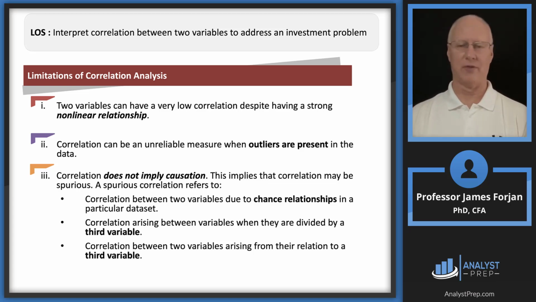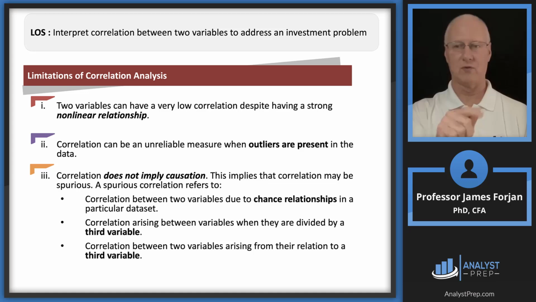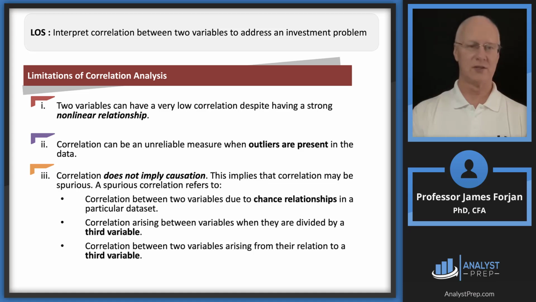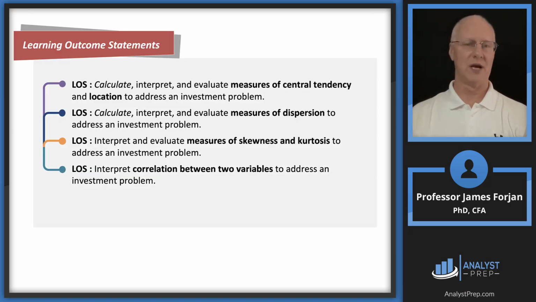Outliers can really throw things off and make the relationship seem much stronger or weaker than it really is. Some can have a very strong nonlinear relationship. So remember from your kindergarten days, y equals a plus bx. Well, that's not the only function of y. Y could be equal to a plus bx squared plus c cubed, right? So we have strong nonlinear relationships that don't show up in our simple correlation analysis.